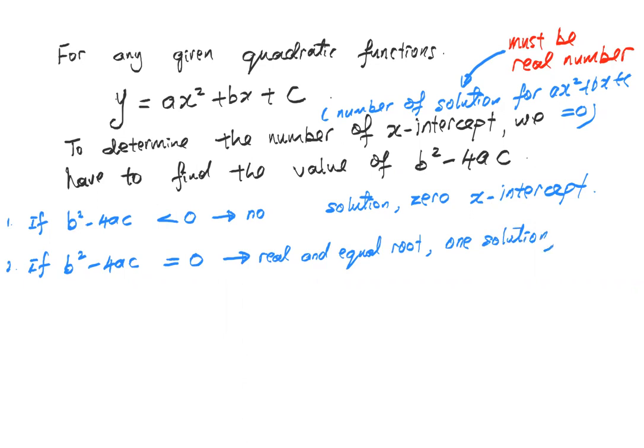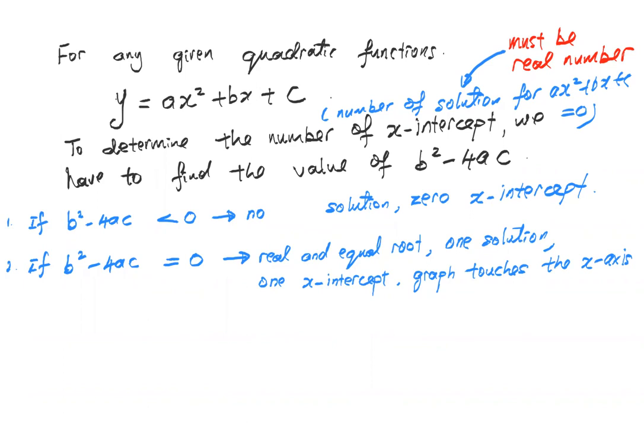How many x-intercept? One x-intercept. So the graph touches the x-axis. Correct? That is how I interpret. I will go back to the graph.